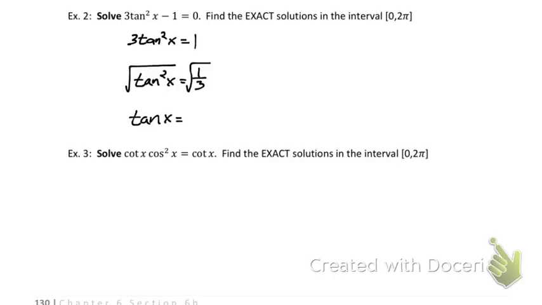What do I put in front of that square root usually? Positive or negative? Thank you, Maya. Thank you, people that raised their hands and waited. Yeah, it's going to be positive or negative square root of 1 over 3.